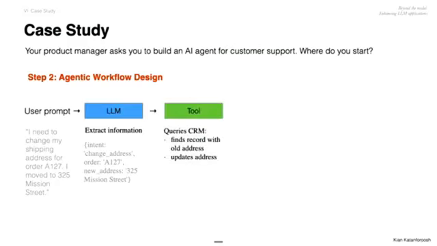The next step, it feels like you need a tool because you're actually going to have to look up in the database and also update the address. So that might be a tool, and you might have to build a custom tool for the LLM to say, let me connect you to that database, or let me give you access to that resource with an MCP.